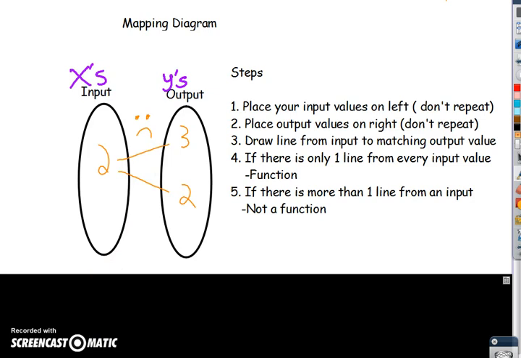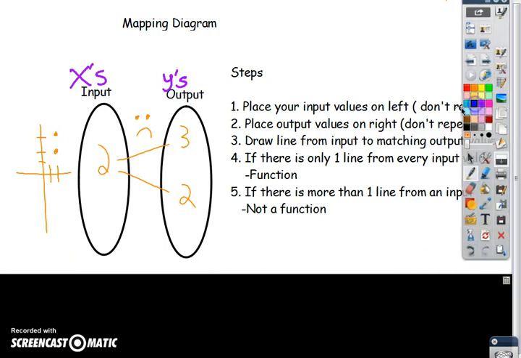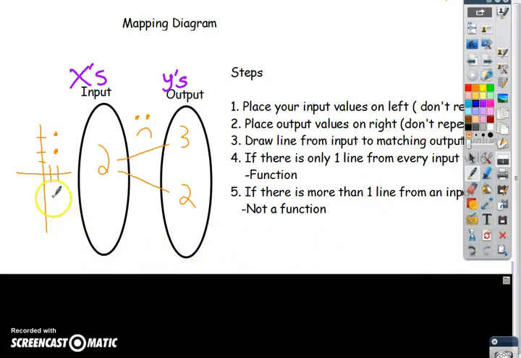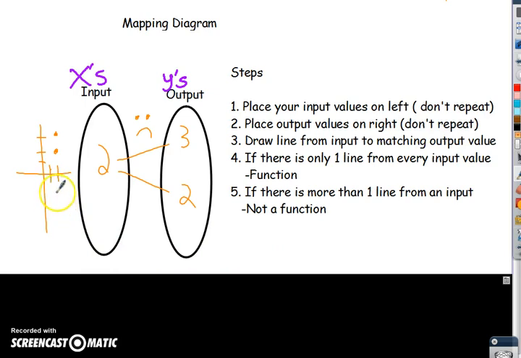An input cannot go to 2 output values, because if I were to graph this, (2, 2) and (2, 3), look right there. This would fail my good old-fashioned vertical line test. That's why. Both are synonymous.